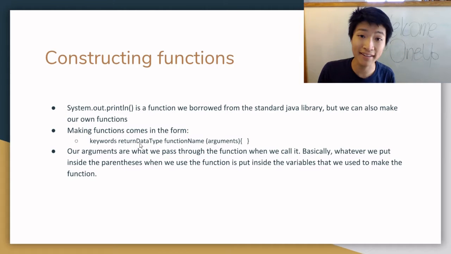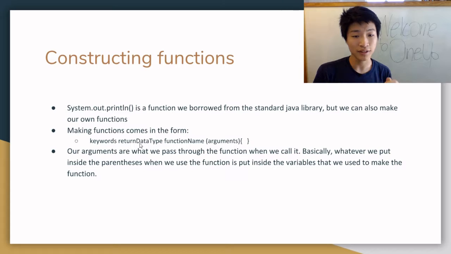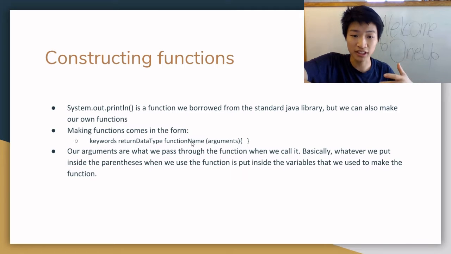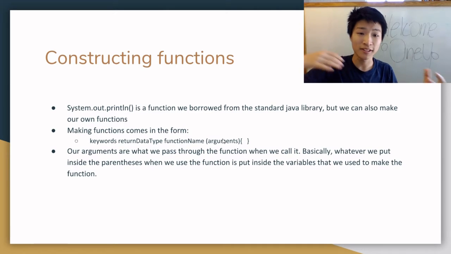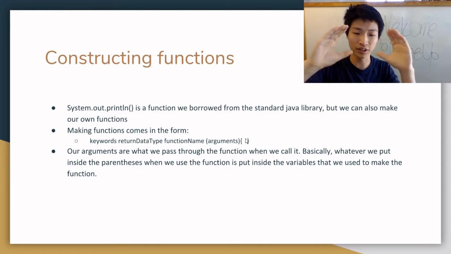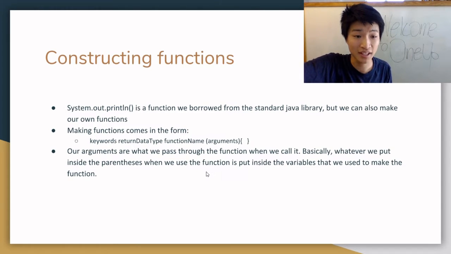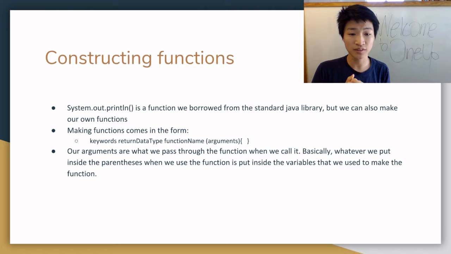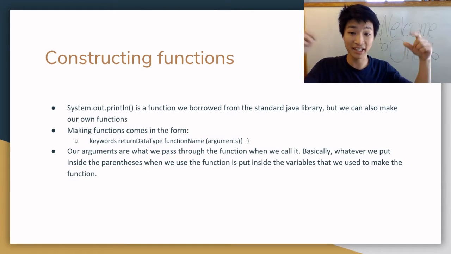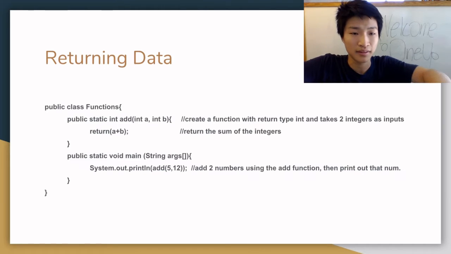Because we're not returning anything, we write void, but if you want to return an integer, you type int there, and then the name of your function and the list of your arguments. And you have the opening and closing brackets. Our arguments are just what we want to use inside our function. Whatever we put inside these parentheses, our function will put inside variables that have the same name.